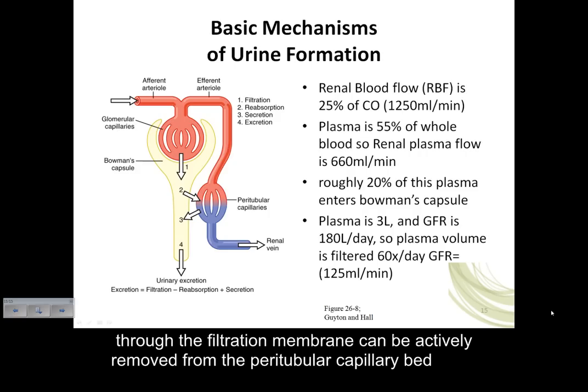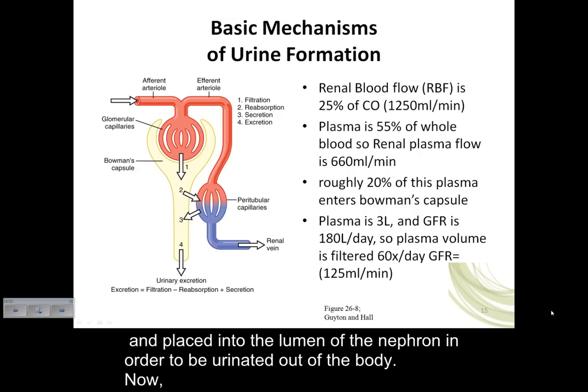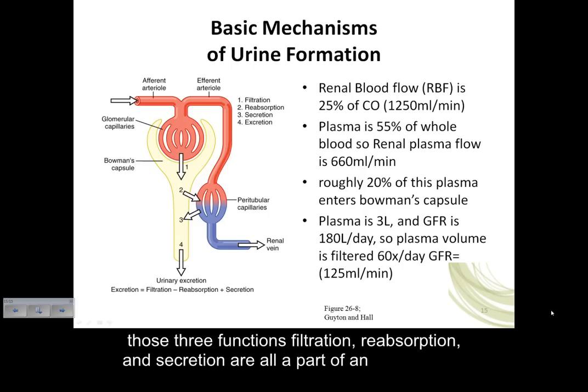Further on in the uriniferous tubules, the cuboidal cells can also do a third function for your body. Anything that did not get through the filtration membrane can be actively removed from the peritubular capillary bed and placed into the lumen of the nephron in order to be urinated out of the body.